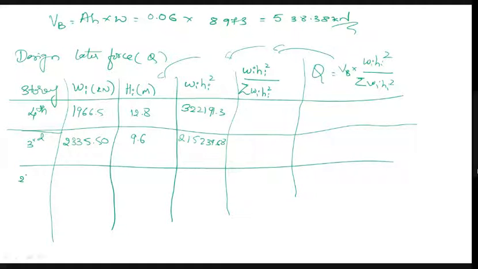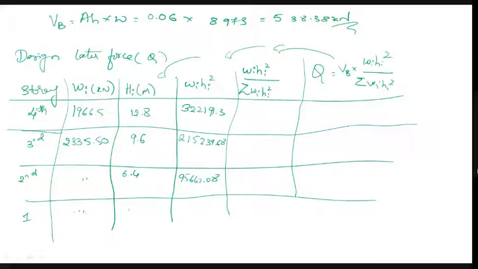Similarly, the second one, the weight is same, height will be 6.4. Here it will be 95,662.80. The first one, the weight will be the same. It is 3.2, 2391.52. Okay. So we have got this much.